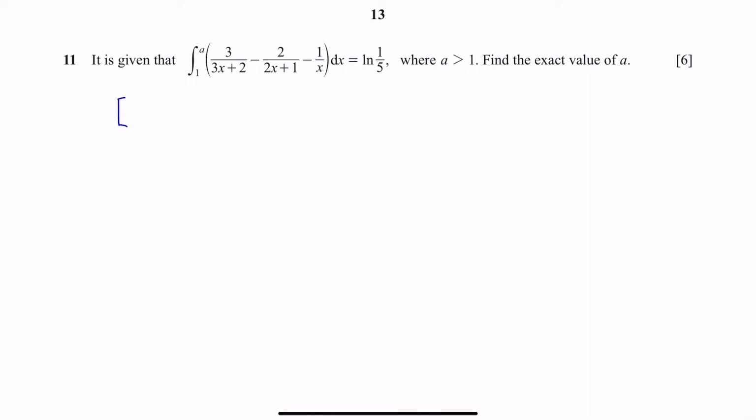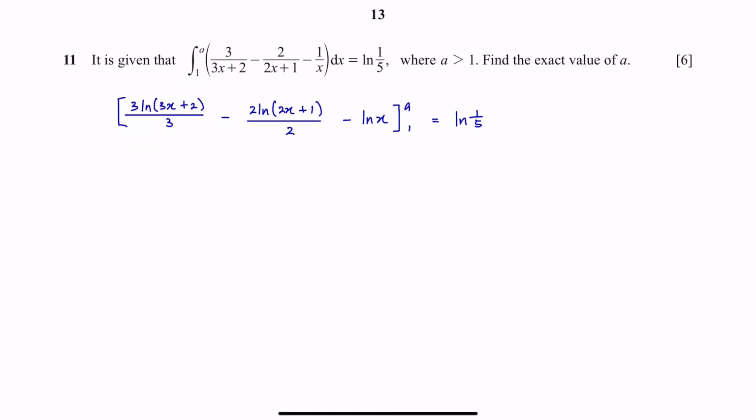So we have 3 times ln of 3x plus 2 over 3, because of this 3 here, minus 2 ln of 2x plus 1 over 2, because of this 2 here, and minus ln x equals ln 1 over 5.